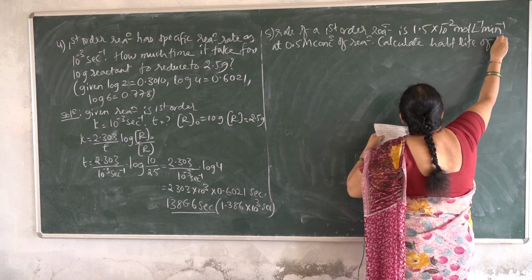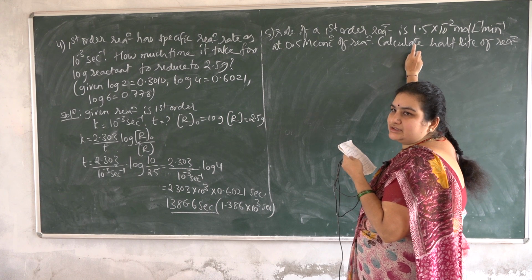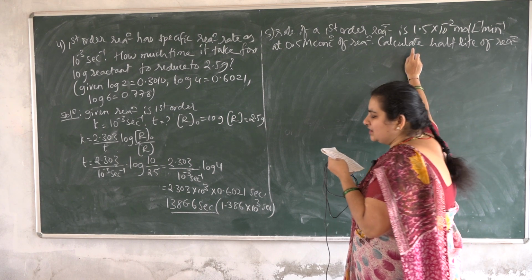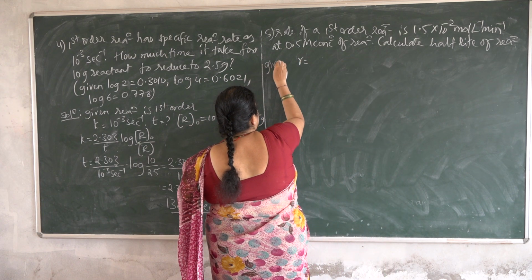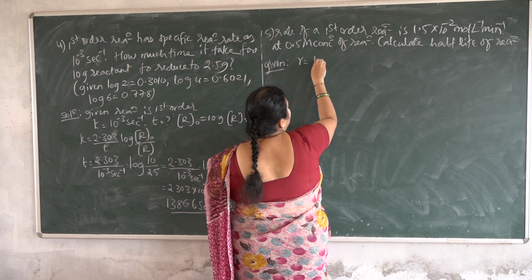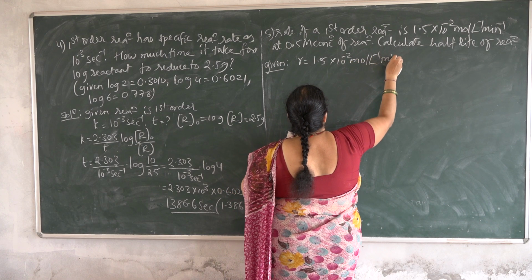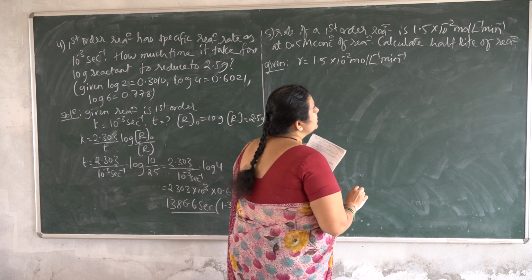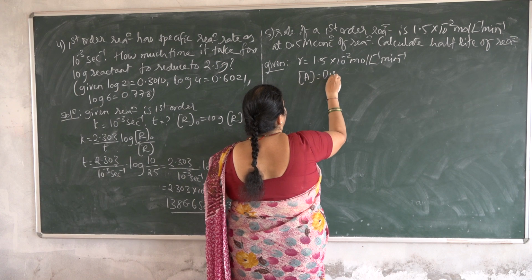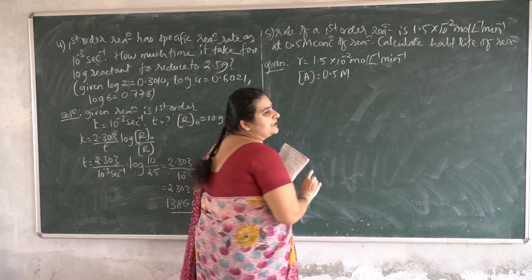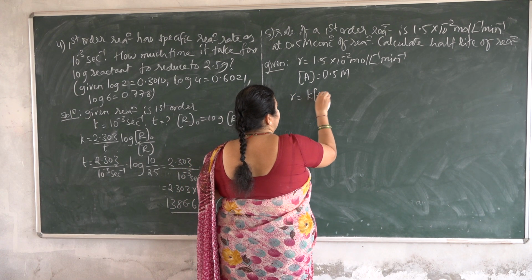So see here, based on the unit of rate you have to decide whether the reaction is first order or zero order. So here the rate is given as 1.5 into 10 raised to minus 2 moles per liter per minute, and the concentration of A is equal to 0.5 moles. For the rate and rate constant relation, for first order, R is equal to K into A raised to 1.